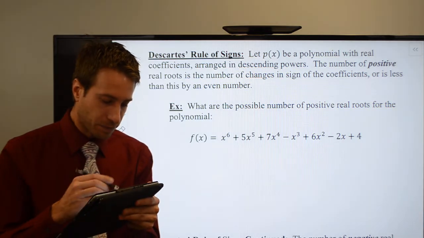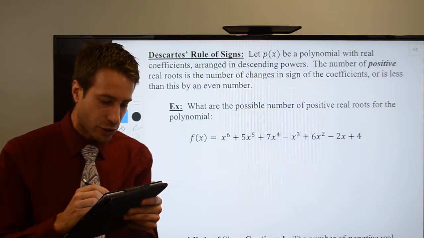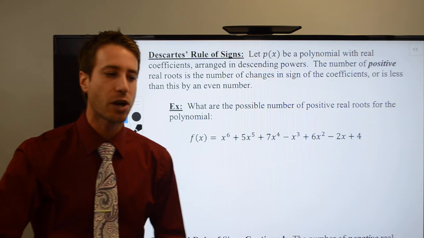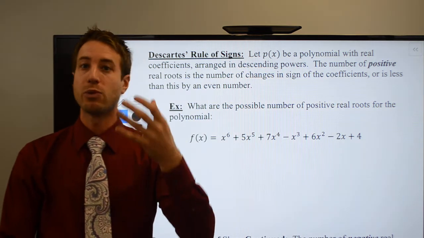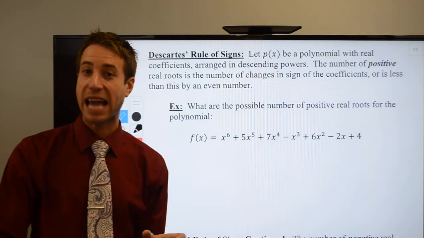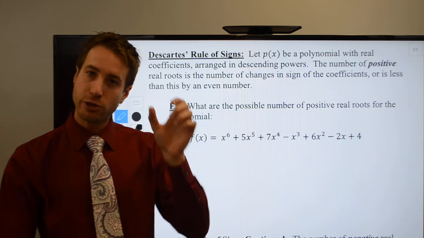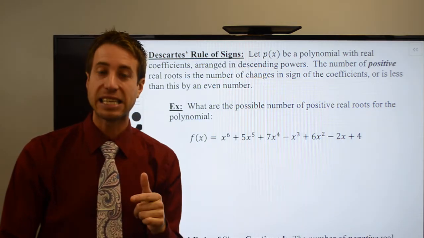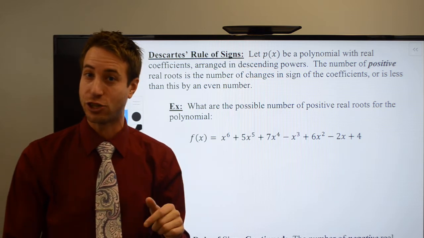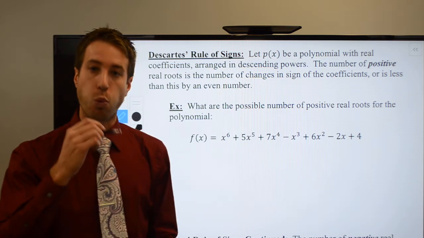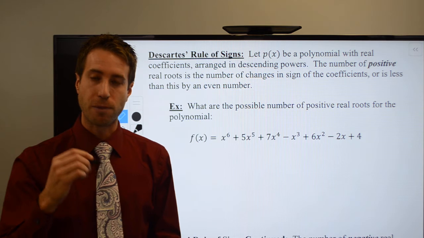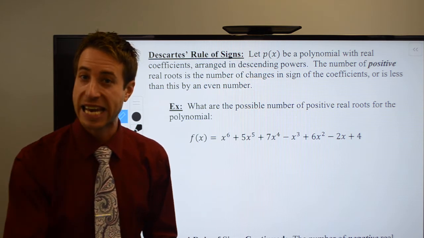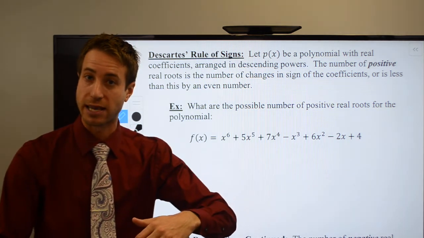Here's what I want to do. Descartes' Rule is based on the idea, if you remember when we graphed polynomials and you set up the xy table, that you have an x-intercept whenever you see a change in sign. Whenever the y values, the range values, go from being positive to negative, you know you must have crossed the x-axis.